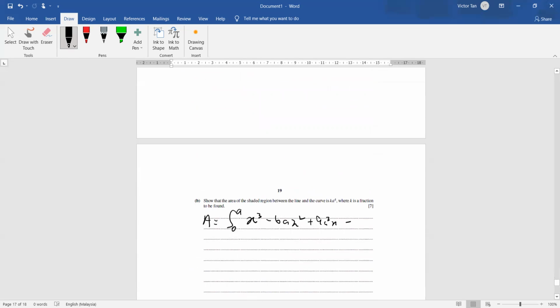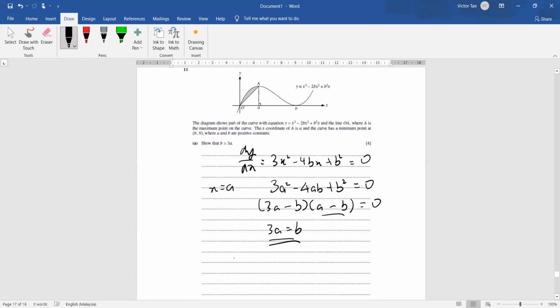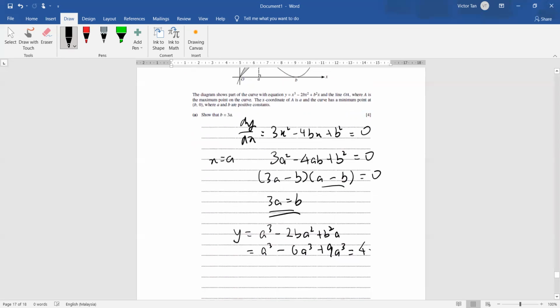Okay, I'm going to find the point of y. a cubed minus 2b a squared plus b squared a. a cubed minus, b is 3a, so 6a cubed, plus 9a cubed equals 4a cubed.